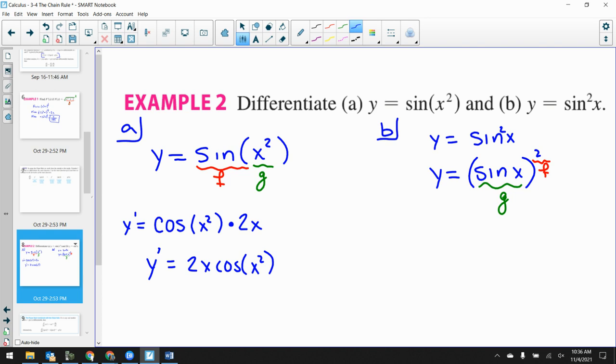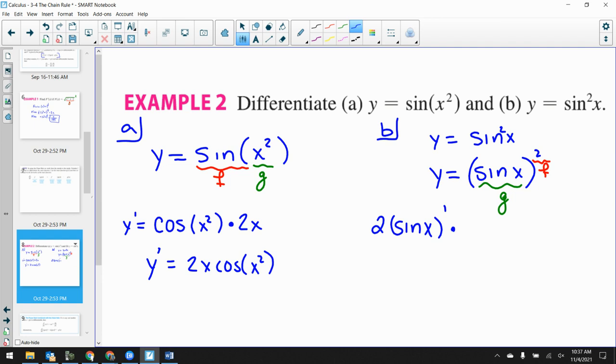Part B says f is now the squared happening to it, right? Go outside in. I've got to do the derivative of the squared. So that means 2, and then knock it down to 1. That's really taking the derivative of the squared. If you have something squared, you bring it out front and then you knock it down a unit. Don't change the inner function. I know I don't need that power of 1 there. I'm just putting it there for emphasis to show you I just took the derivative of that.